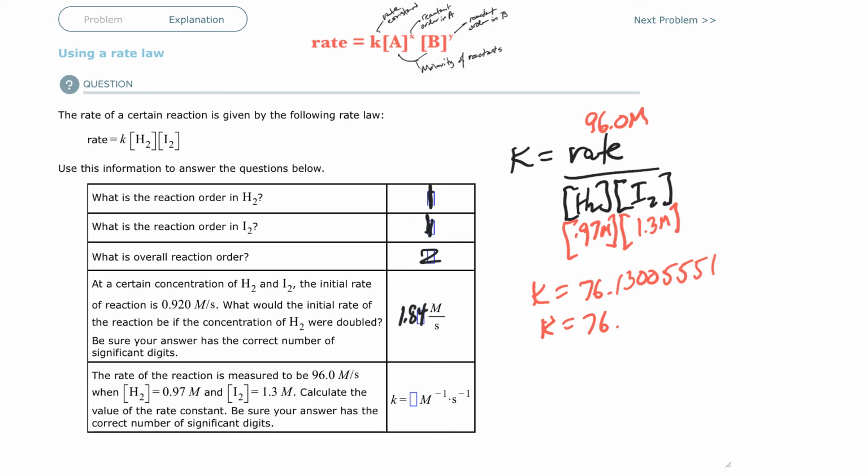Now molar is going to cancel with one of these molars, leaving you molar to the -1 per second. Oh, they already gave you that. So that means this is going to be 76 per molar per second. Sounds good to me.